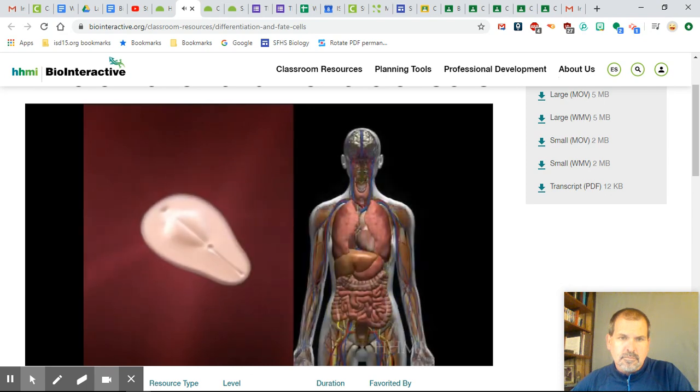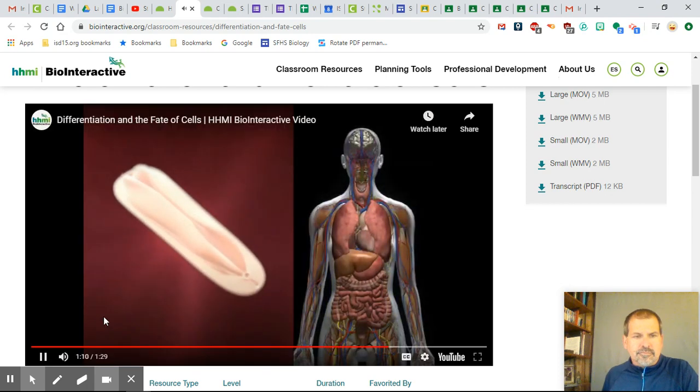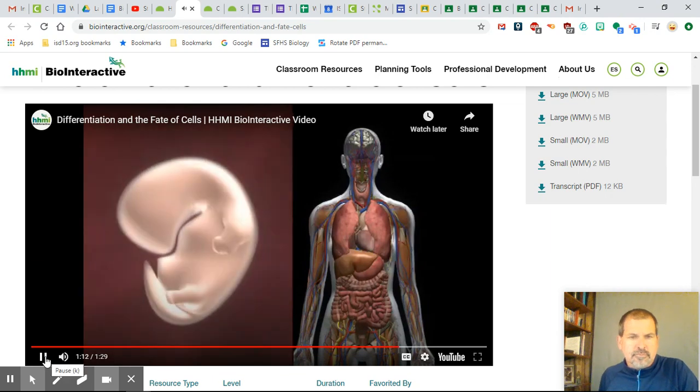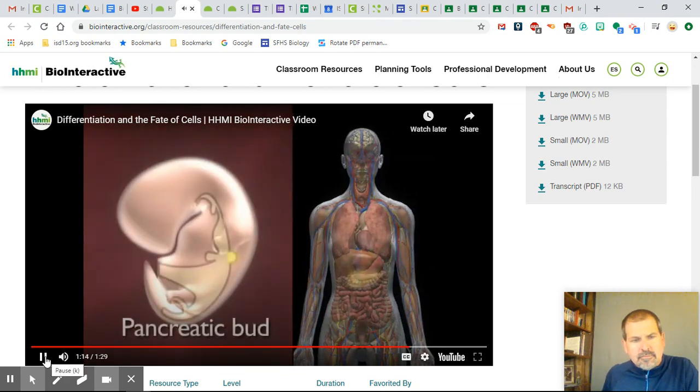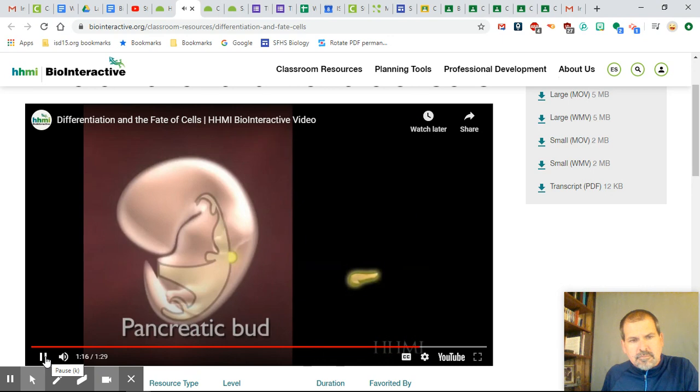And to give one more detailed example of this, let's think about the development of the endoderm, and in this case, the formation of the pancreas. There's the pancreatic bud, which comes out of the endodermal derivative. Okay, so pause it there for just a second. Here's another level of differentiation. Here we are several weeks or months into development.